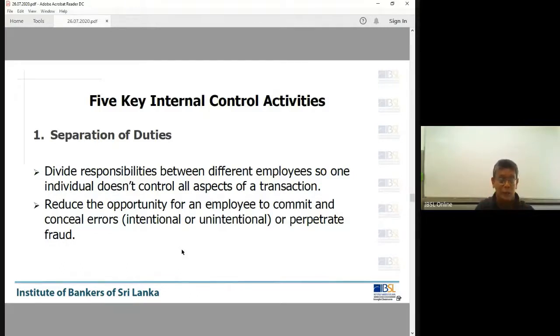It tells you what to do and divides the responsibilities between different employees. According to the central bank, remember, every bank must provide a job description to every employee. Thereby, separation of duties is an internal control activity. Otherwise, who is going to take the responsibility? To support that, the HR department issues job descriptions. Some of you have them.